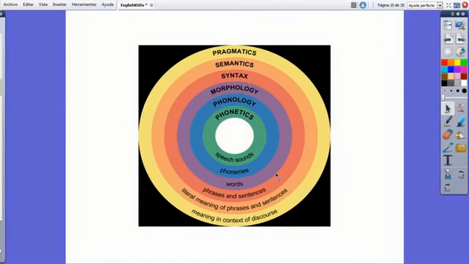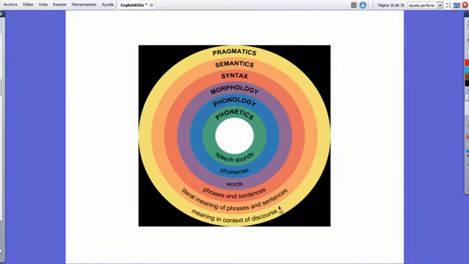As you can see, we find the different linguistic levels again here. Phonetics, or the study of speech sounds, any sounds we can hear. Phonology, or the study of phonemes, those sounds that bring about a change in meaning.